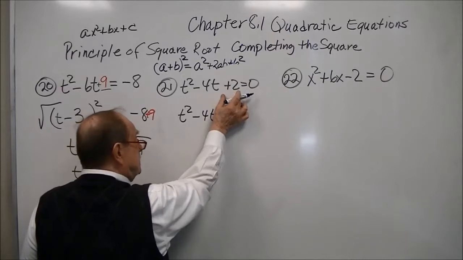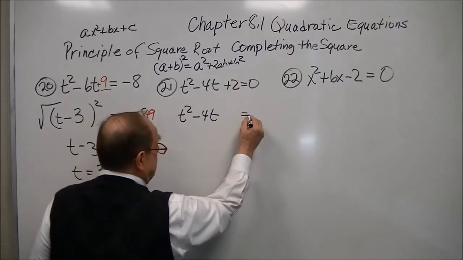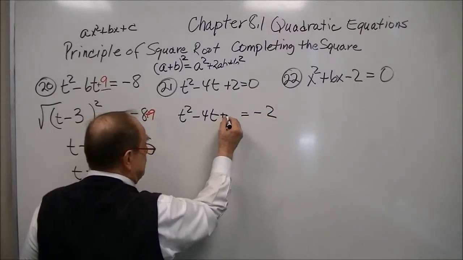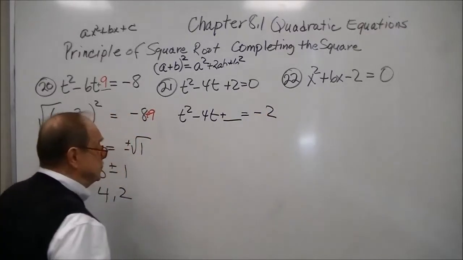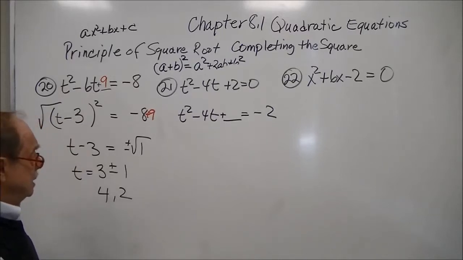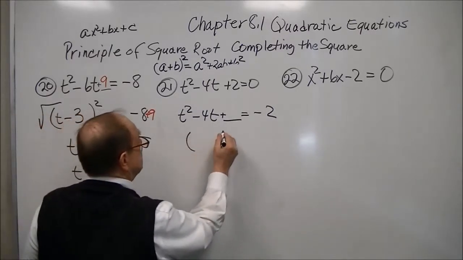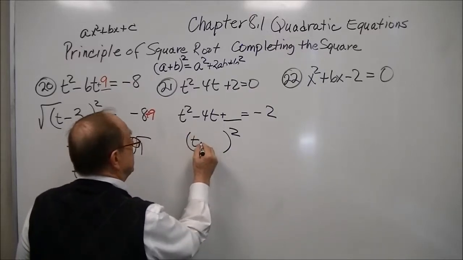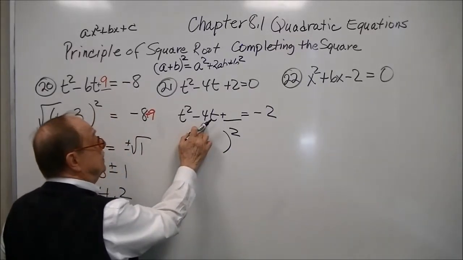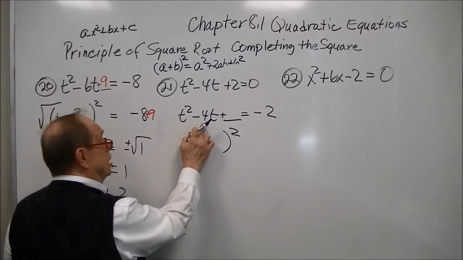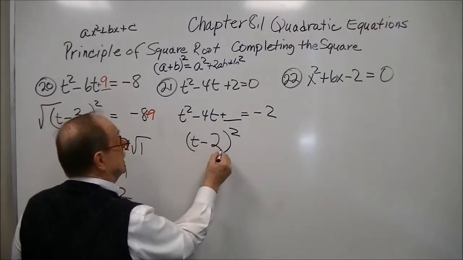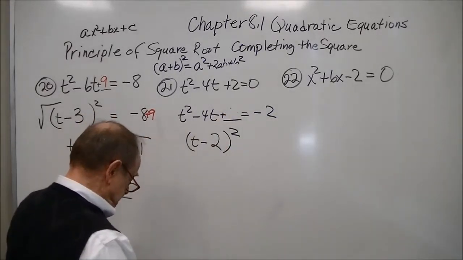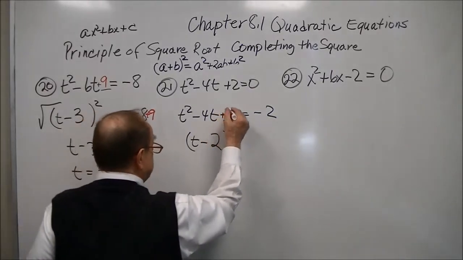Take your C term and bring it over to the other side of the equation, so you have a little space for where the C term will go. Then you're going to put your parenthesis, bring the t down there, the negative sign there. What's half of 4? 2. And then square 2, that gives you a 4. And this is what I'm adding to both sides now.